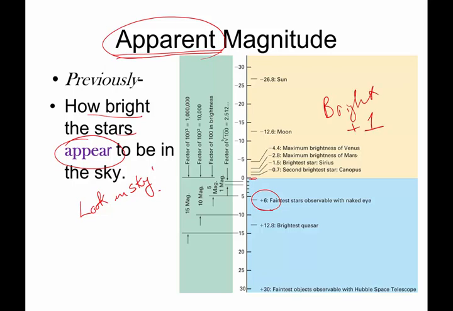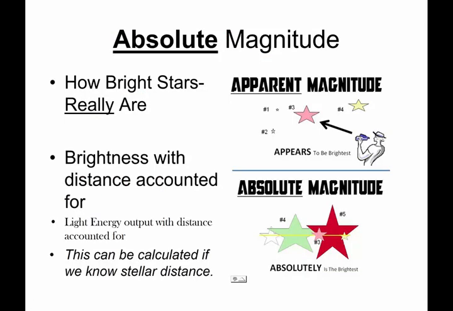So Mars has a magnitude of -2.8. Venus, negative 4.4, with its very large albedo, very reflective. The moon has an apparent magnitude of negative 12.6 in brightness, and the sun, negative 26.8. So they actually know the brightnesses of all sorts of different things.